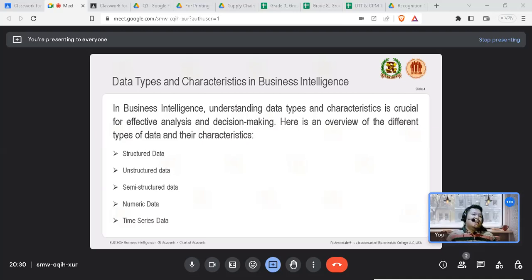Techniques like schema on read or schema evolution allow for on-the-fly analysis and integration of semi-structured data with other data sources.